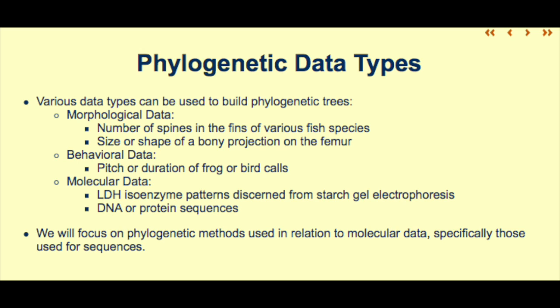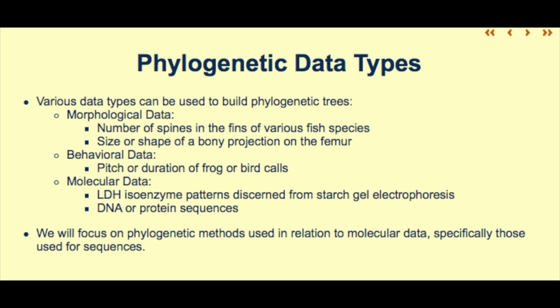Morphological data. Morphology means the study of structure. So we have number of spines, size and shape, bony projection on the femur. I don't even know how to read that. We also have behavior data, such as pitch or duration of frog or bird calls, and we also have molecular data, such as LDH isoenzyme patterns, and DNA or protein sequences.